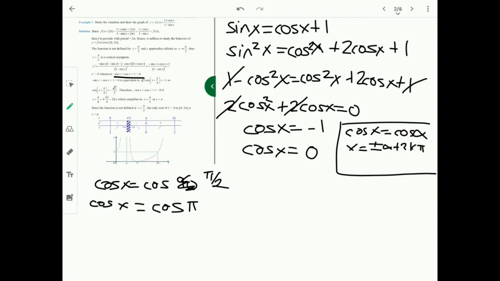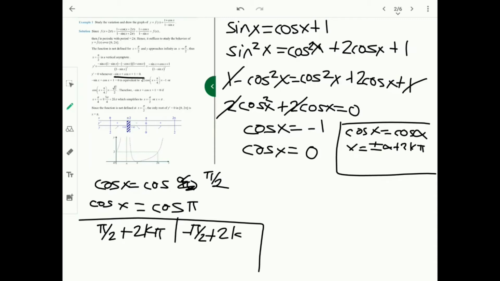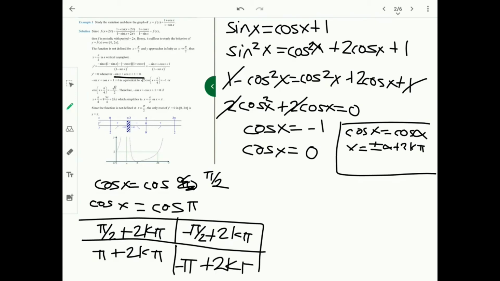So using that exact same thing here, we should get pi over 2 plus 2k pi, minus pi over 2 plus 2k pi, and our bottom two equations would be pi plus 2k pi and minus pi plus 2k pi, right? Now if we solve this, we can immediately see for k equals 0, pi is accepted because it's between our limits 0 and 2 pi.